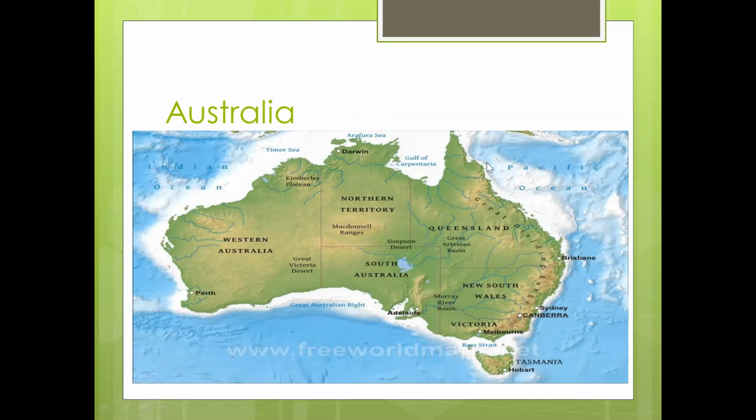So it is a kind of big island in the world, the largest island in the world. You know, an island is actually an area of land that is surrounded by water from all around. As you can see, Australia is surrounded by water from all around. So it is what? The largest island on the earth.